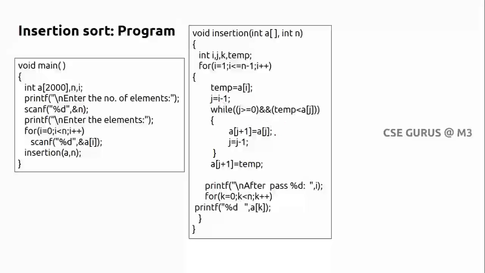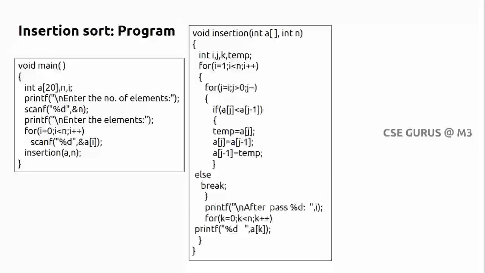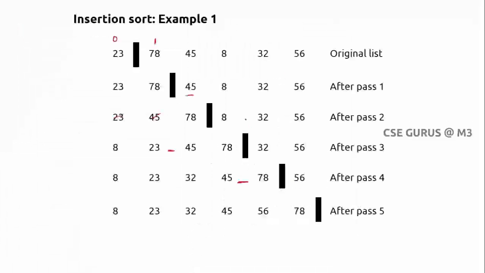So what is the logic here? Let me take an example. If I take 8 and 78, less than, then I swapped in the first program. But here I'm not swapping, I'm simply keeping this 78 here. Where is 8? It is in temp as it is.